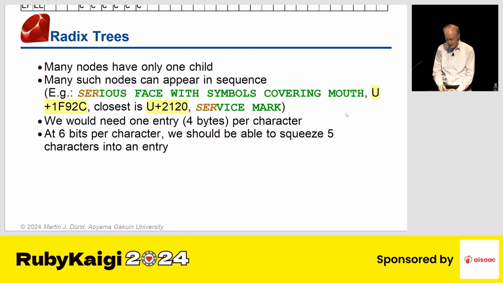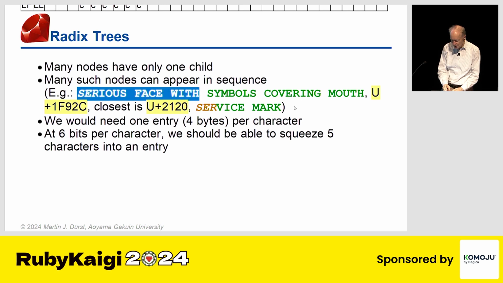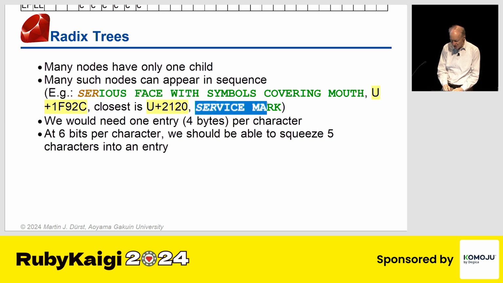And apparently there are lots of smiling faces in Unicode, and also some crying faces, but only one serious face. Unicode doesn't seem to be very serious. So the closest to this name here is this service mark name. Up to here we go together, and then we have a branch for I and a branch for V.